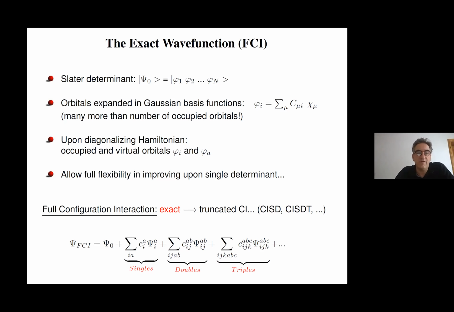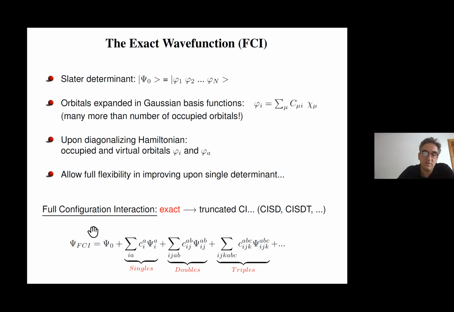We need a limited size of the basis set, but nevertheless we have many more basis functions than occupied orbitals. So upon diagonalizing the Hamiltonian, we obtain not only the occupied orbitals, where the electrons are in, but also virtual orbitals. And these are great because it's very easy to write down with these virtual orbitals the exact wave function.